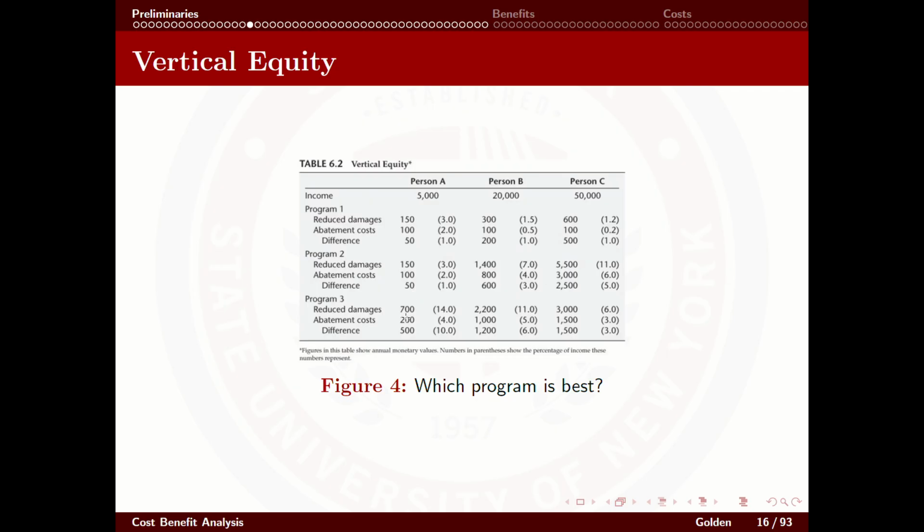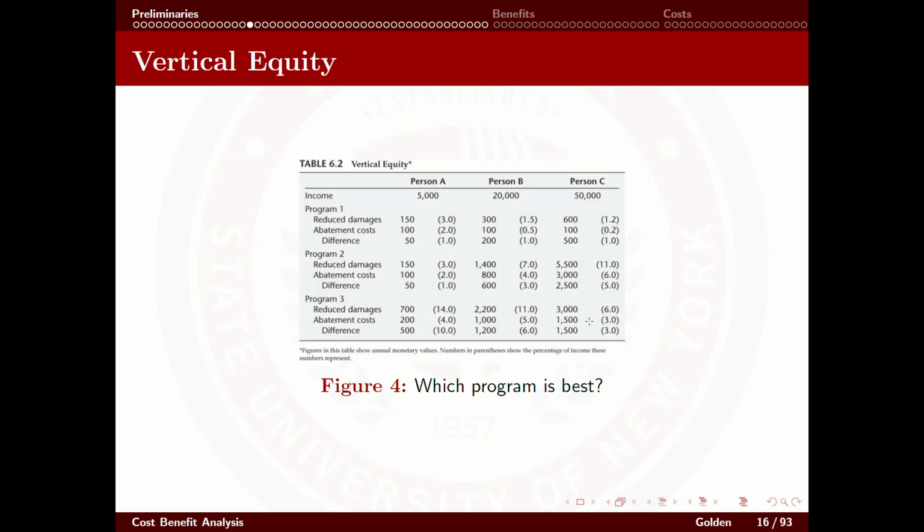And then the third one, you have a large amount of reduction of damages for person A, who makes the least, and then you have a difference of 500, and a policy for person B that has a difference of 1,200 between the reduced damage and the abatement cost, and then a policy for person C, there's a difference of 1,500.